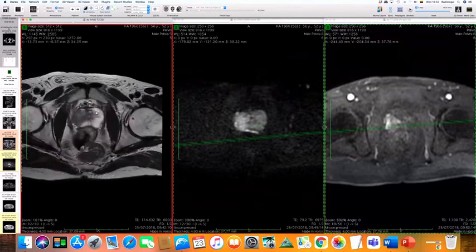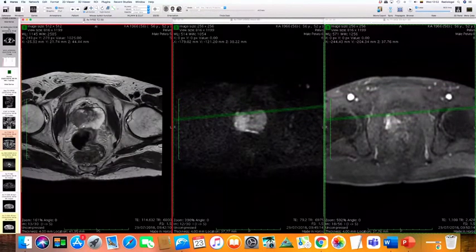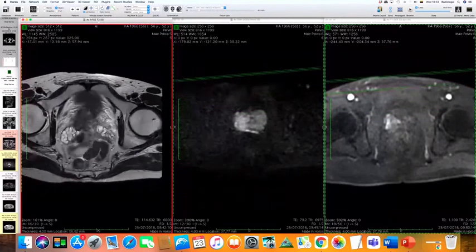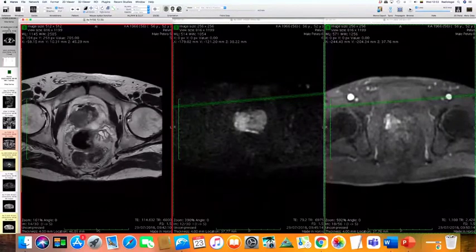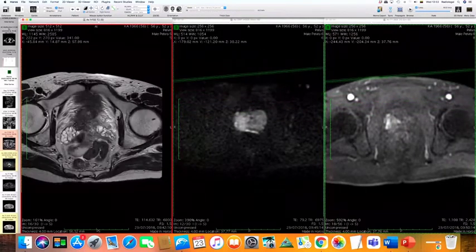In 2018, on MRI there is a large focus in the right lobe, in the peripheral and transition zone, 25 millimeters in size, with extraprostatic, extracapsular extension in the periprostatic tissue, and there are signs of extension into the right seminal vesicle.